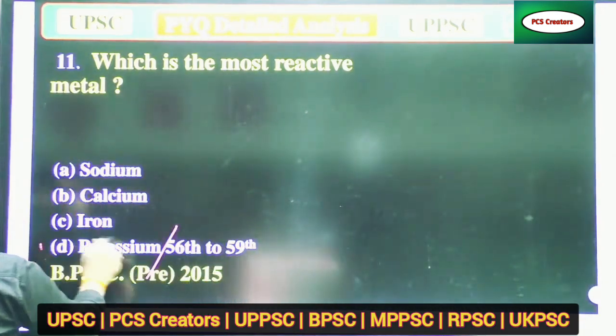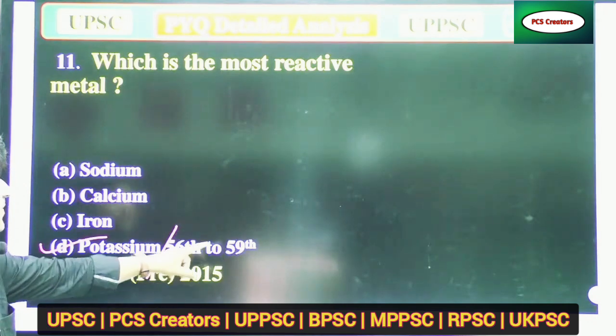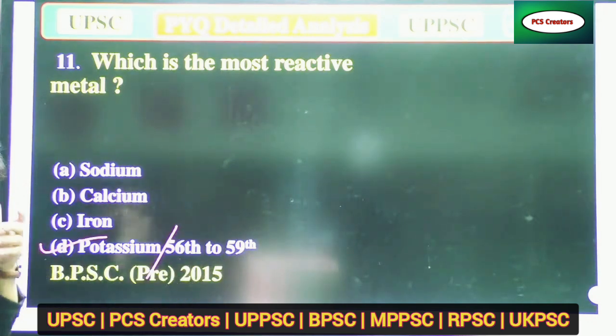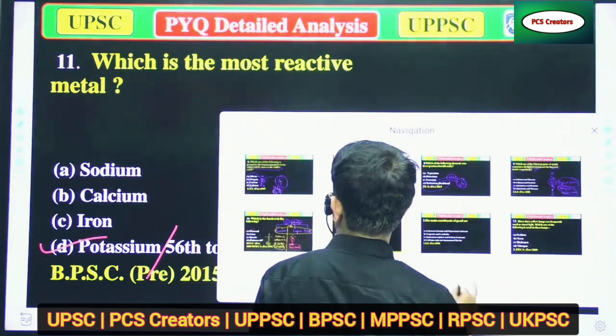potassium, and it was asked twice, in the 56th BPSC and the 59th BPSC. Why is potassium a very reactive element? Because we are discussing the periodic table.